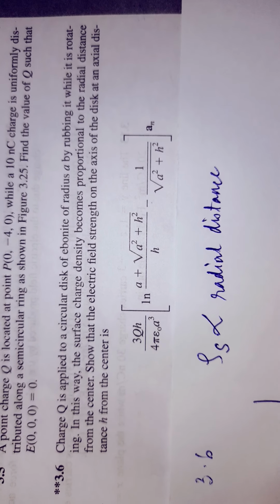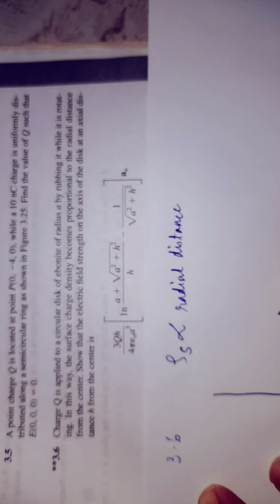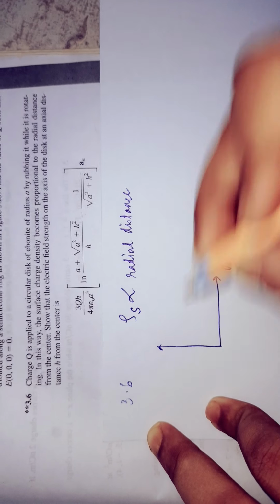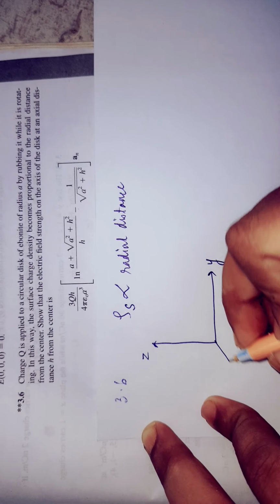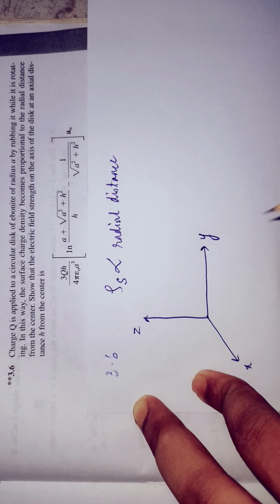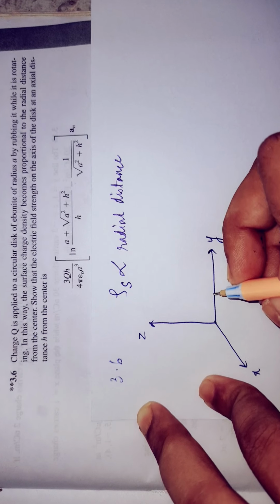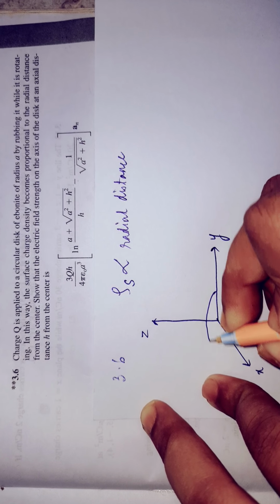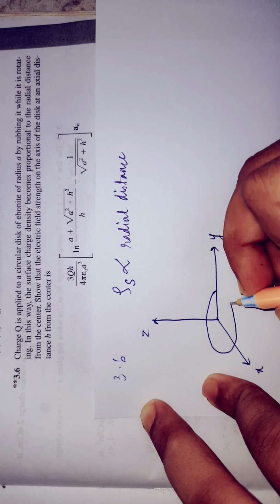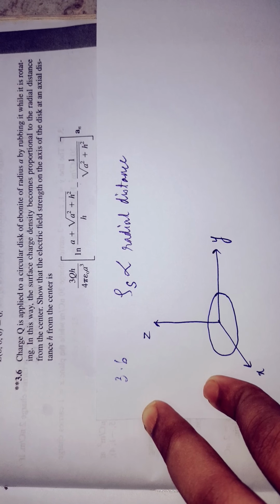Okay, first let me draw the axes. This let me take as y, this as z, and this as x. It's nowhere given that it's in the z axis, but let me assume that my disc is in the xy plane.